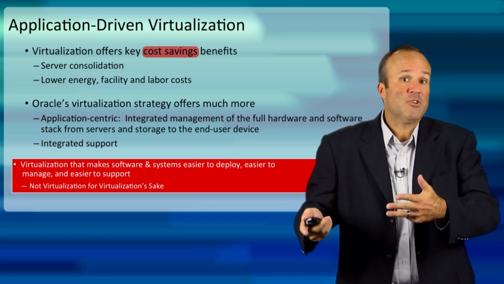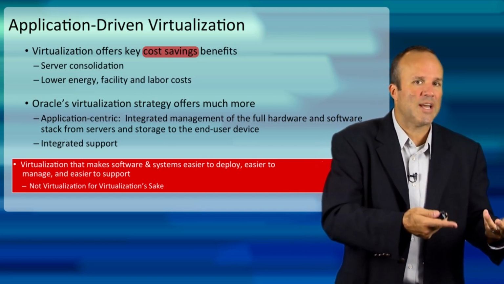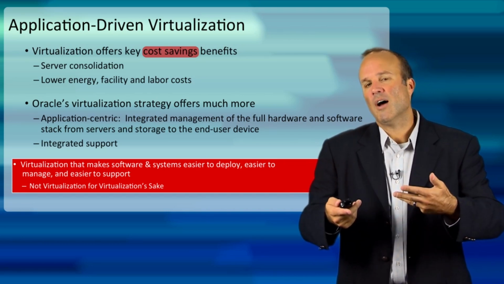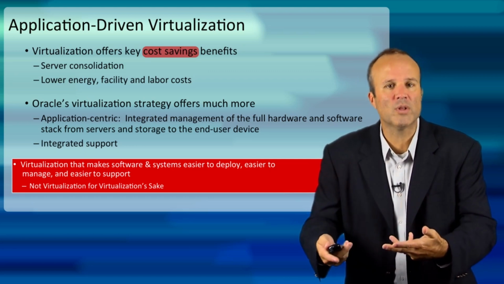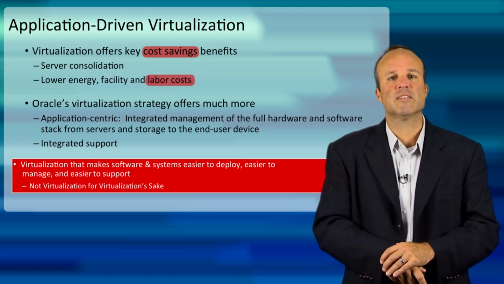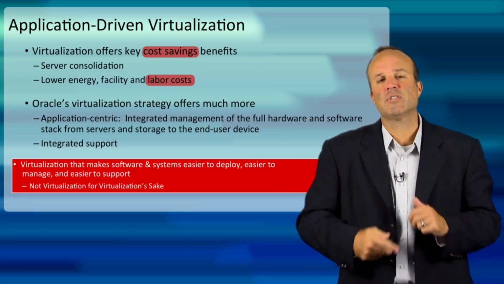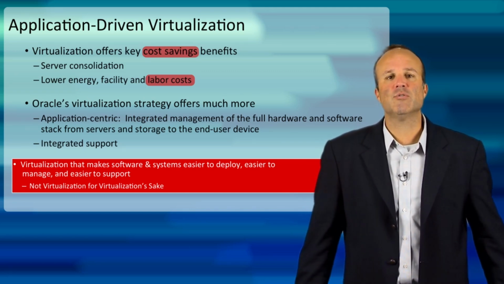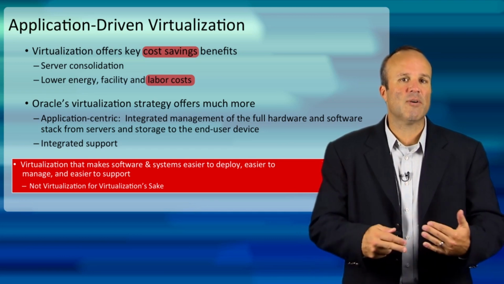By doing that, you also gain benefits for your data center around lower cost relative to space and cooling, labor costs, facility reduction costs, things of that nature. Any virtualization technology should be able to deliver those business benefits that are at the core.